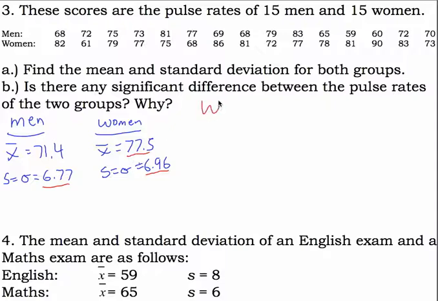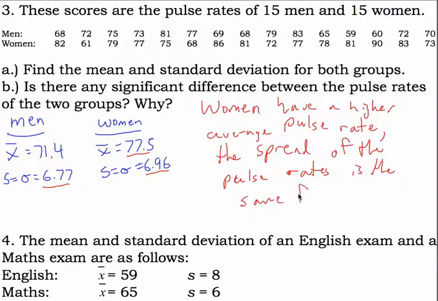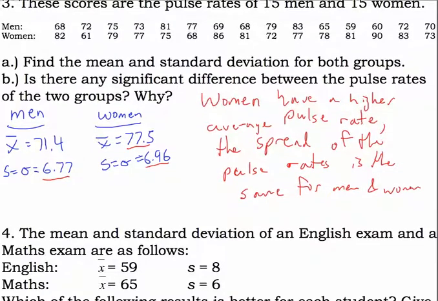So the women have a higher average pulse rate, and you can say something like the spread of the data, or the pulse rates, is the same for men and women. Okay, let's take a look at the next example.